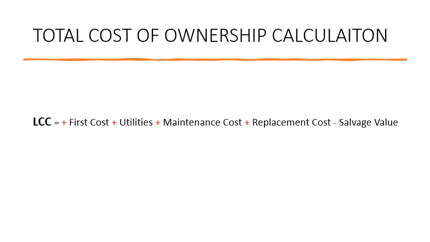And here, by looking at these costs, we understand that they occur at different points in time. For example, the first cost is the amount of money that you have to spend today, or the utilities is something that you need to pay every month until the last day of ownership. But on the other hand, we have maintenance and replacement that are not going to happen all the time. Maintenance, maybe you need to repair some of the building components once in a while, like every 2 years, 3 years, 5 years, depending on the type of component.